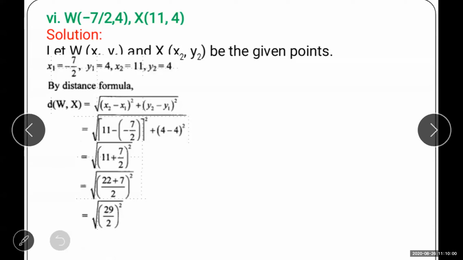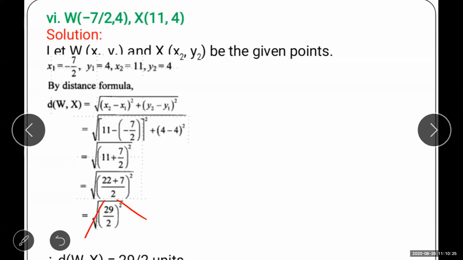square of these. As you know, here a square is present. So this root and this square cancel.